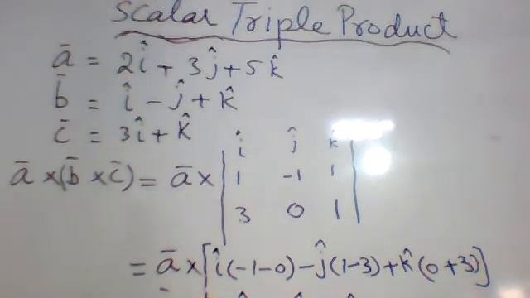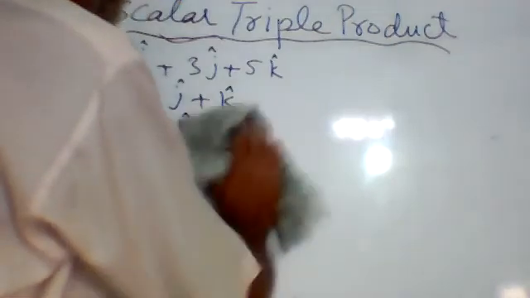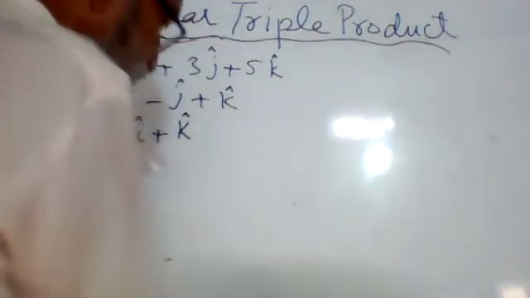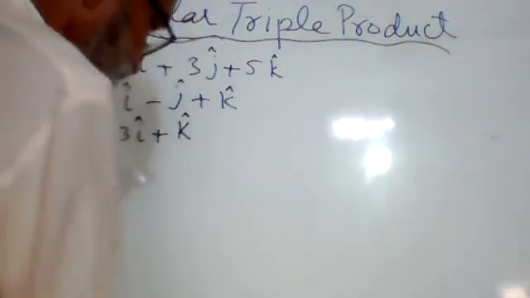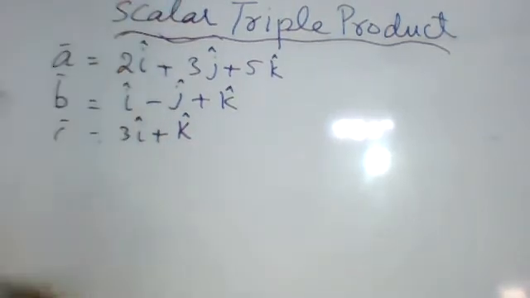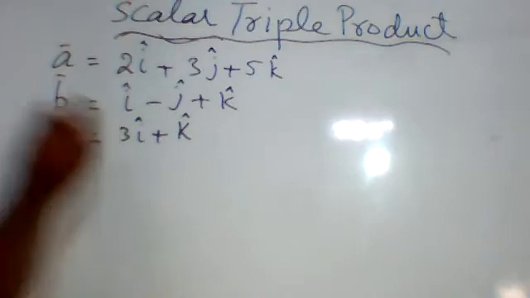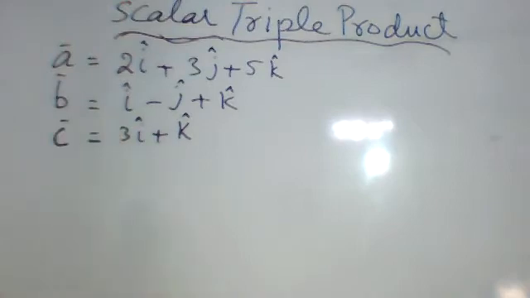We are using the scalar triple product. Scalar triple product means three vectors are multiplied in such a way that the answer is a scalar.